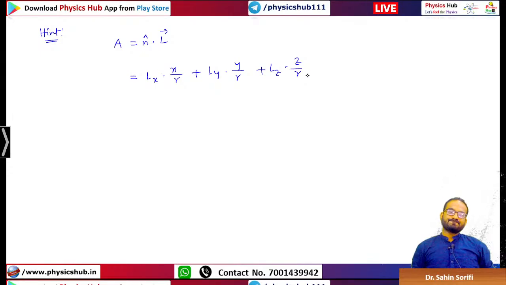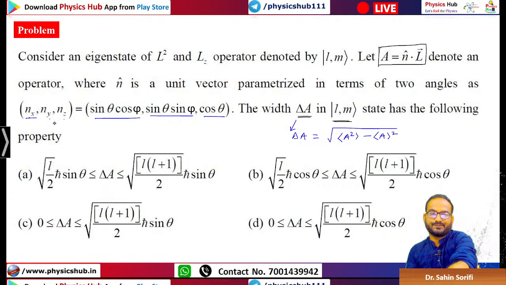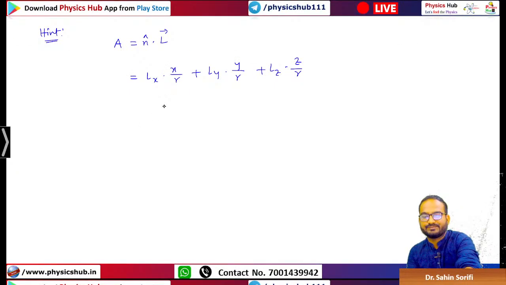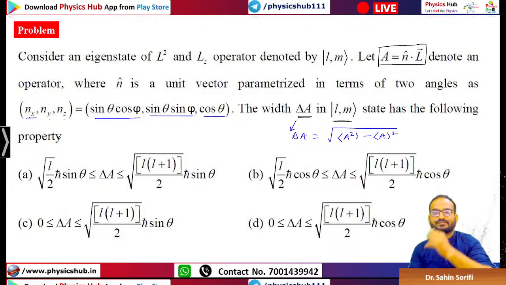Clear? N cap is the unit vector. You can see here, it is like r sin theta cos phi, r sin theta sin phi, and r cos theta. So that is why we have divided by r, and you get this one. Getting it?